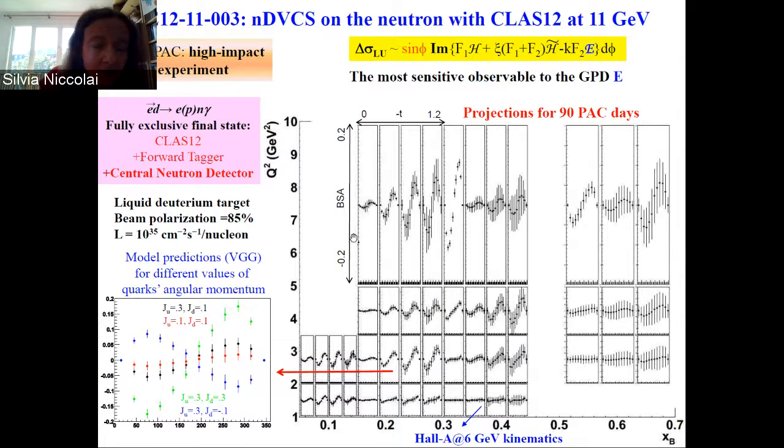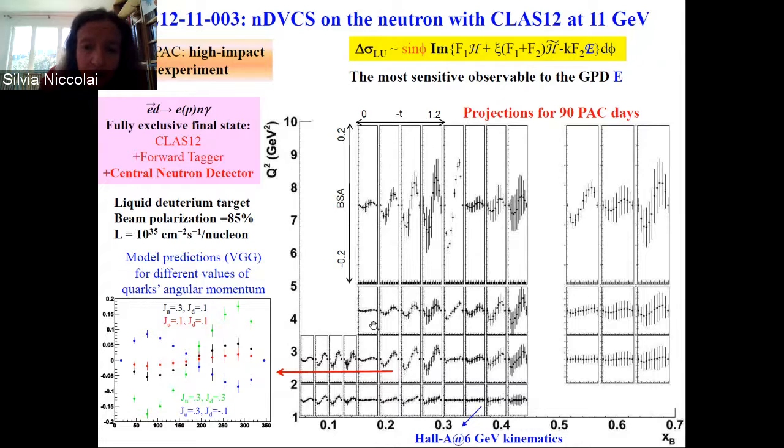And to detect the active neutron, we have built in addition a central neutron detector for class 12. So this is just the old projections that were in the original proposal that basically give you an idea of the kinematic coverage that class 12 can allow.